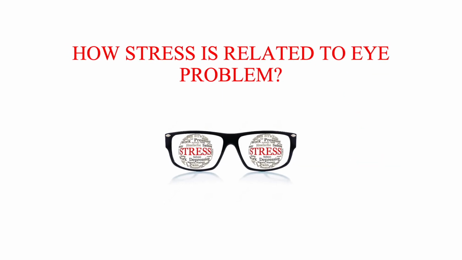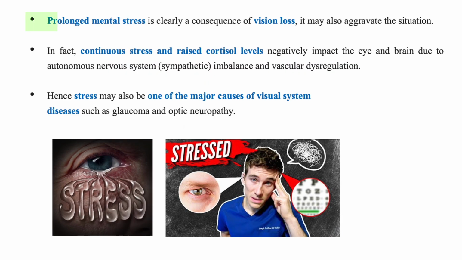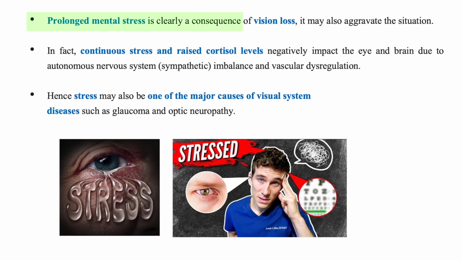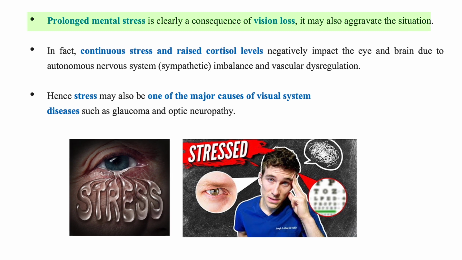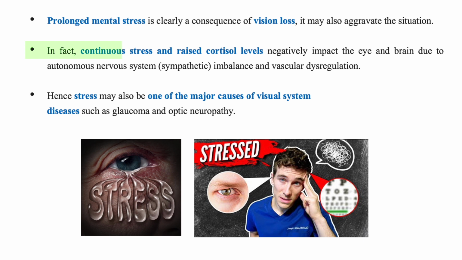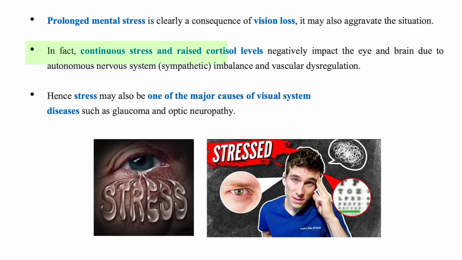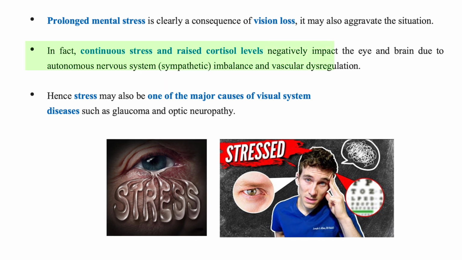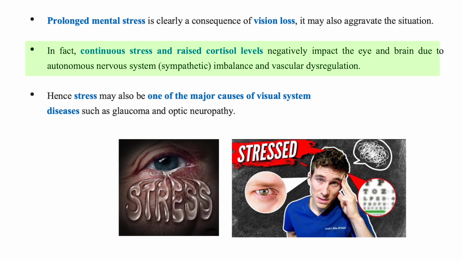Now coming to how stress can cause eye problems. Prolonged mental stress is clearly a consequence of vision loss. It may also aggravate the situation. In fact, continuous stress and elevated cortisol levels negatively impact the eye and brain due to autonomic nervous system imbalance, especially the sympathetic, and vascular dysregulation.